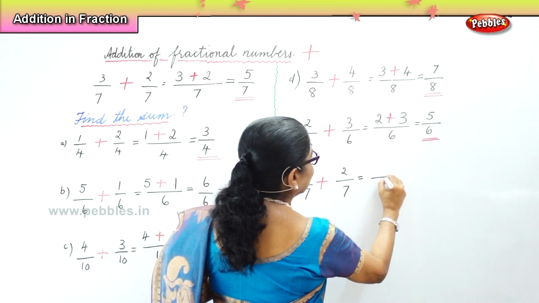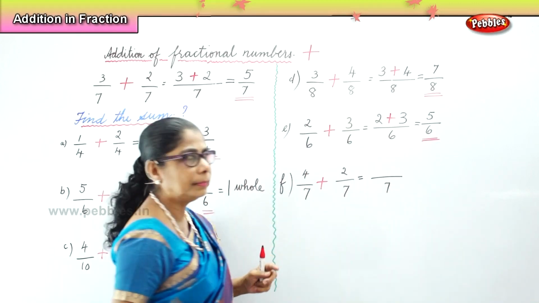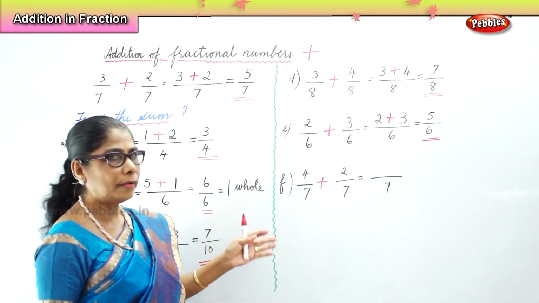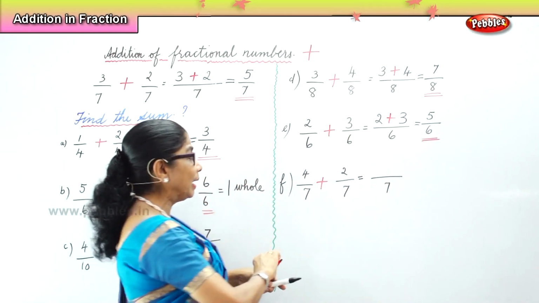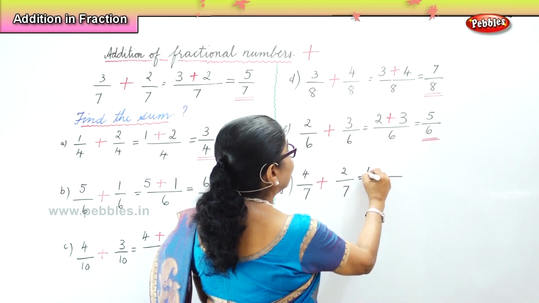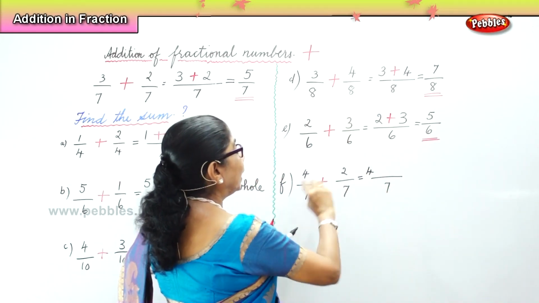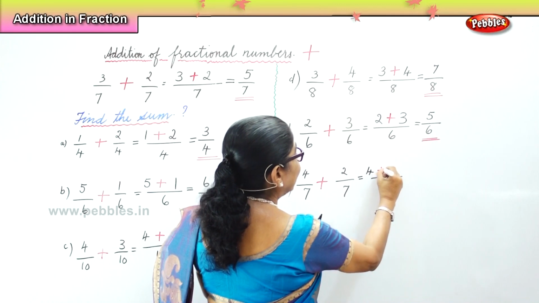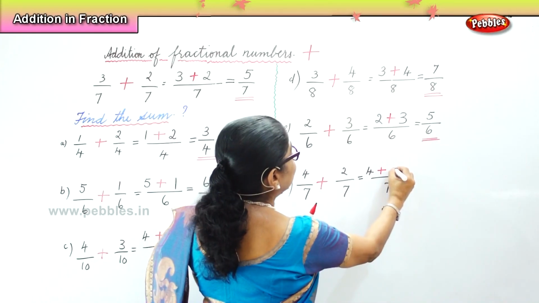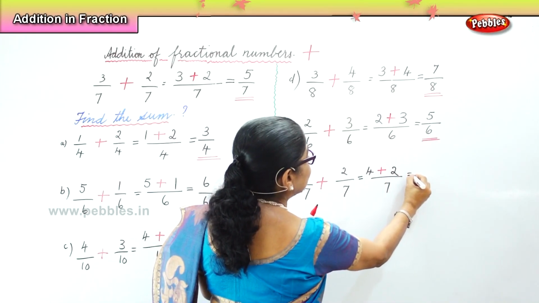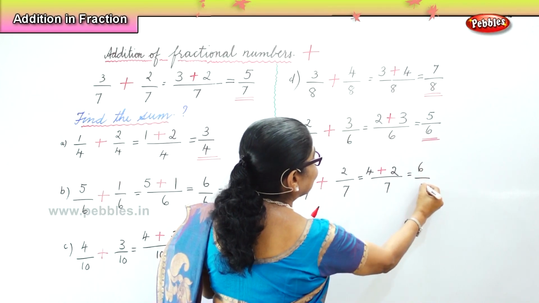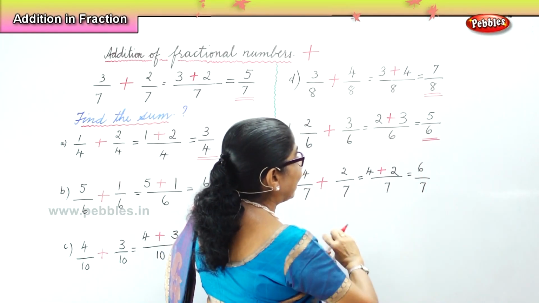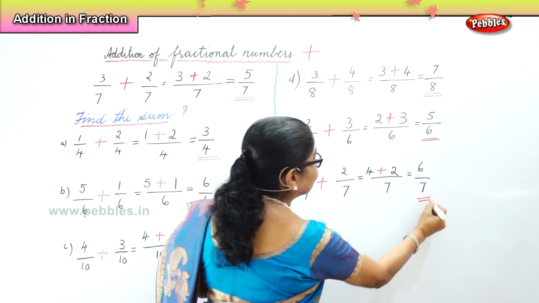Here, denominator is same, 7. You have to add the numerator. In the numerator, you have 4 plus 2. What is 4 plus 2? 6. Denominator is 7 and that's your answer.